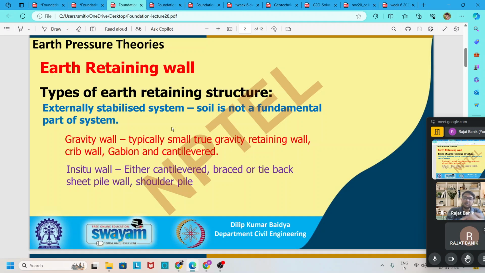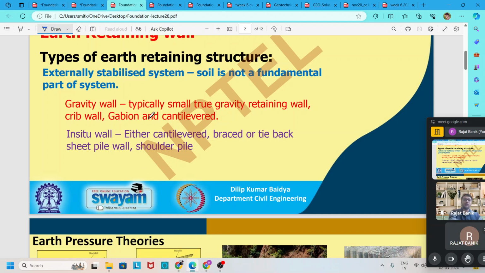We go through the different types of retaining walls to retain the earth material. Earth retaining structures are divided into two types. One is the externally stabilized system, where soil is not a fundamental part, and the other is the internally stabilized system, where we include the soil as a fundamental part of the system.